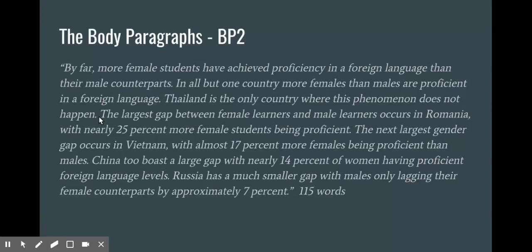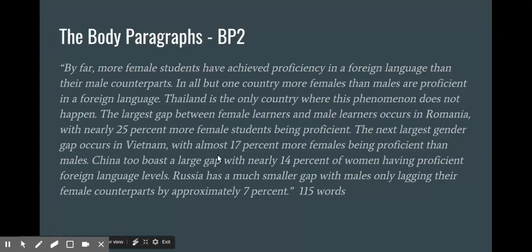So the largest gap between female learners and male learners occurs in Romania. And again, I say with nearly 25%. I don't have an exact number. And I say the next largest gap occurs in Vietnam. And then China too boasts a large gap with almost 17%.